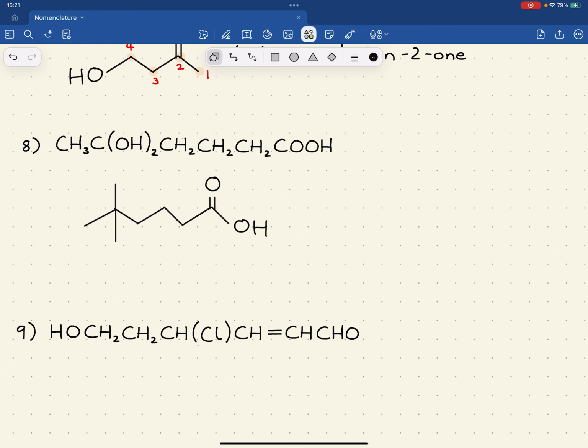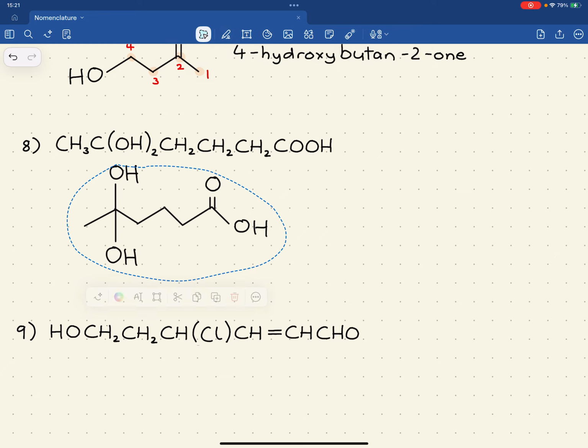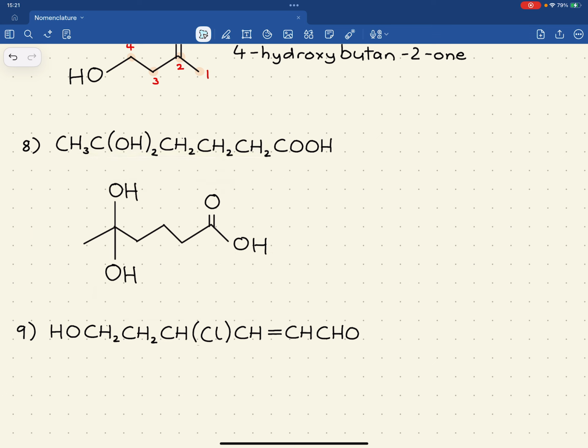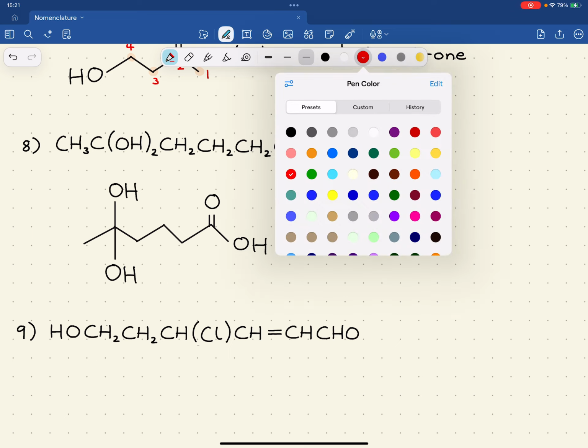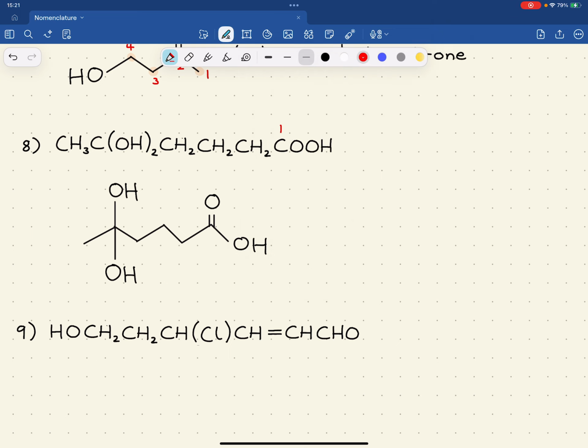So I'll just move this down a little bit. So a carboxylic acid has a higher priority than an alcohol. So you'd always number it from this side. 1, 2, 3, 4, 5, 6, which corresponds 1, 2, 3, 4, 5, and 6.